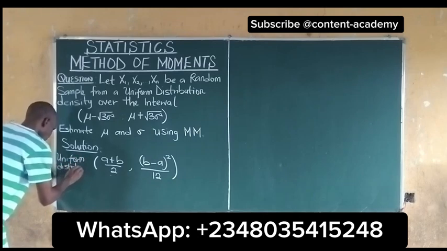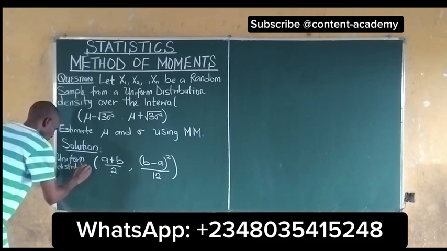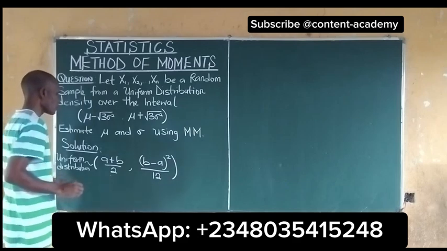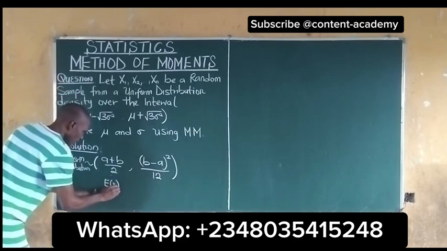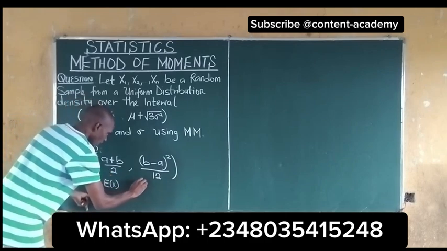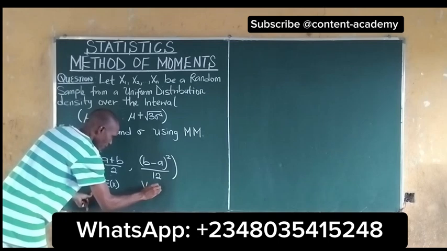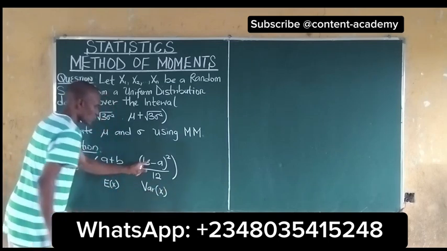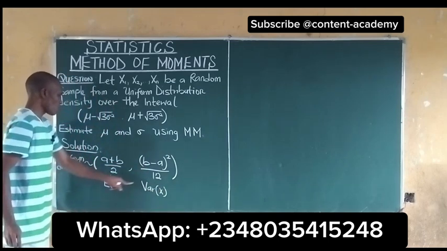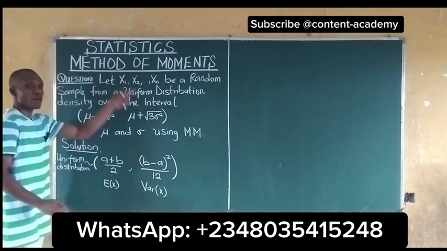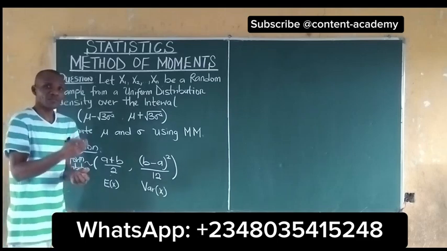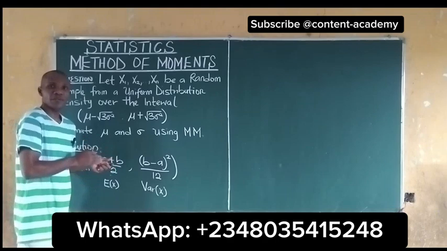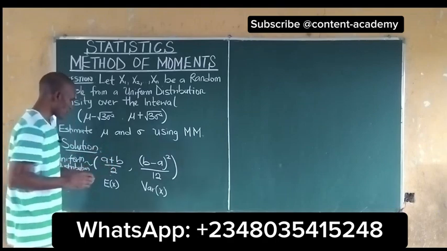So it then means that our expected value of x is equal to this, and our variance of x is what we have here. For the method of moment, to get our answer, the population mean must be equal to the sample mean.